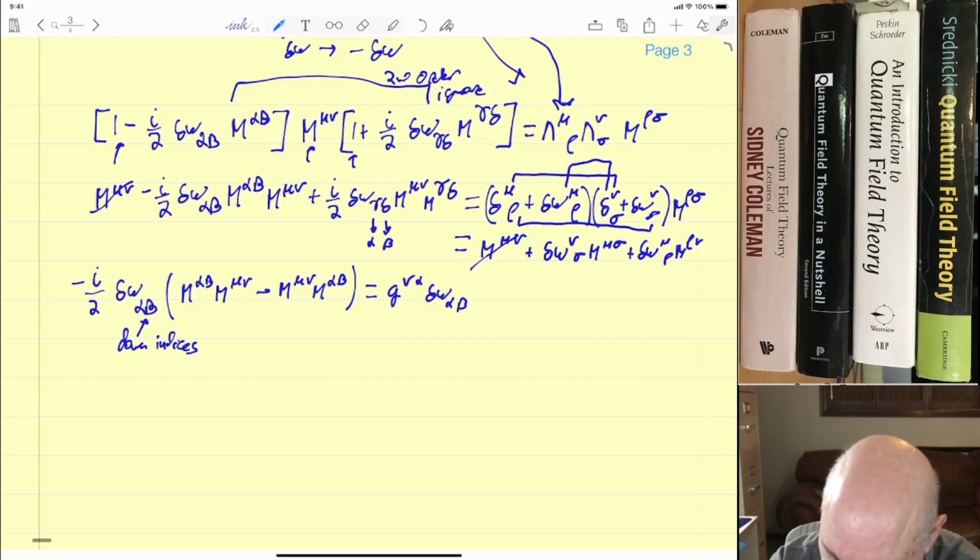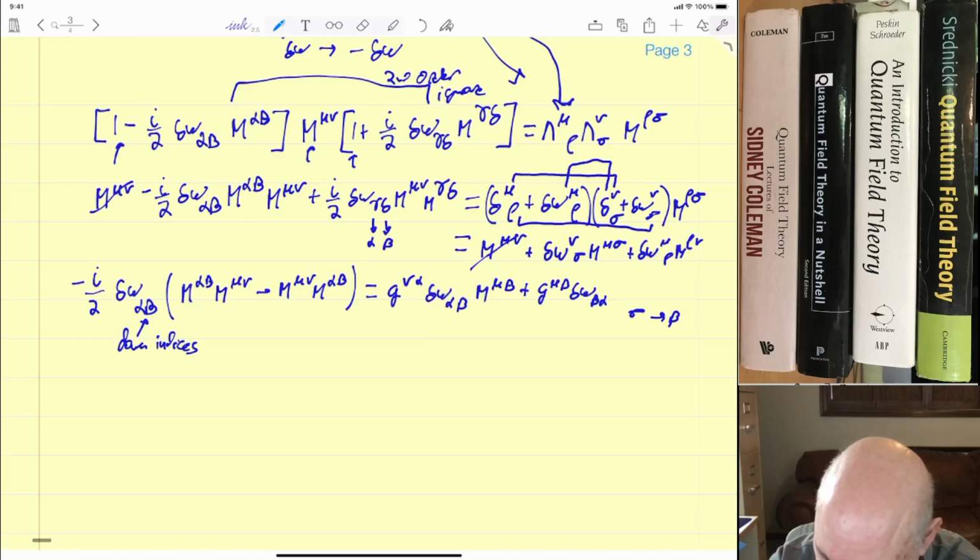So I'm sort of setting sigma to beta, and so instead I have M mu beta, and then I have plus G mu beta del omega beta alpha.